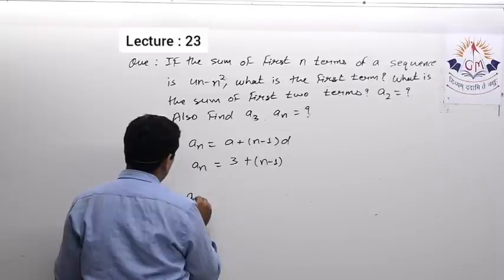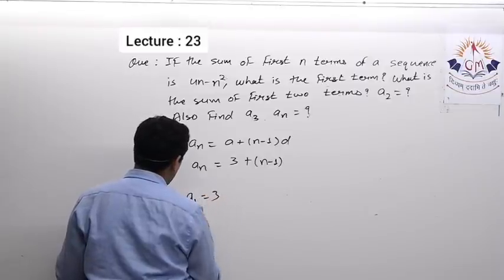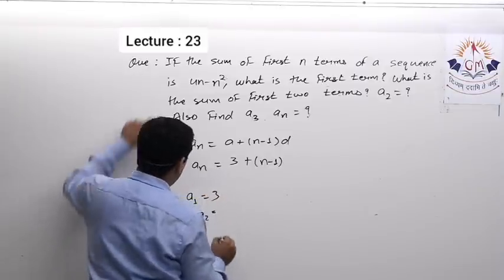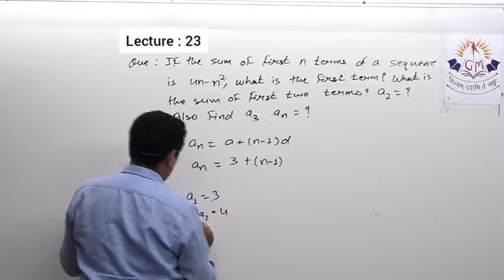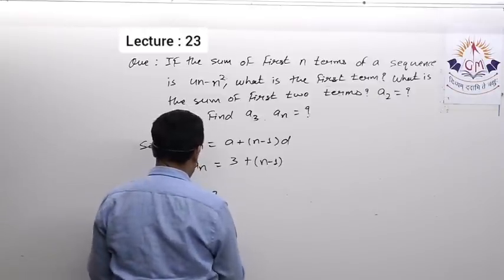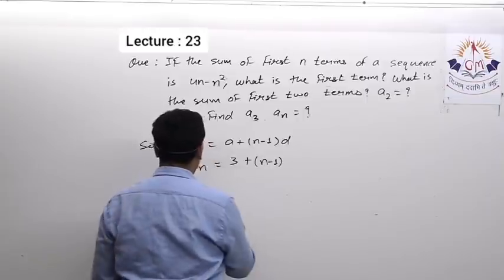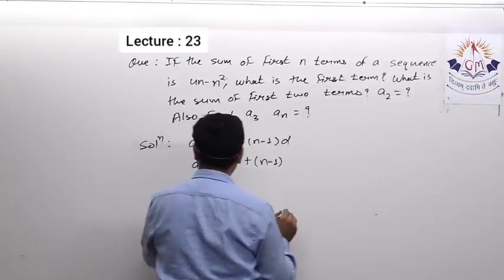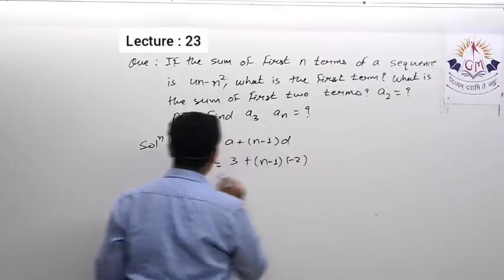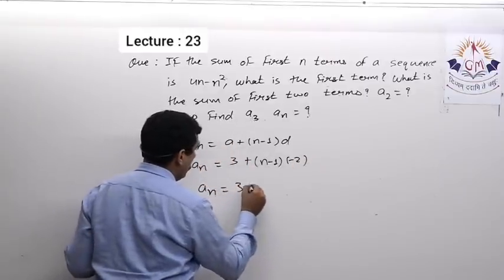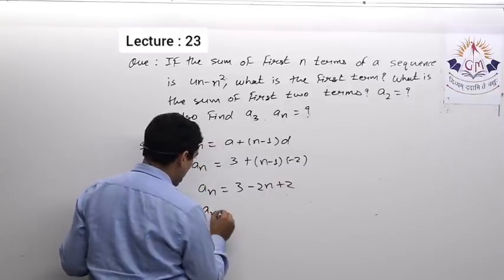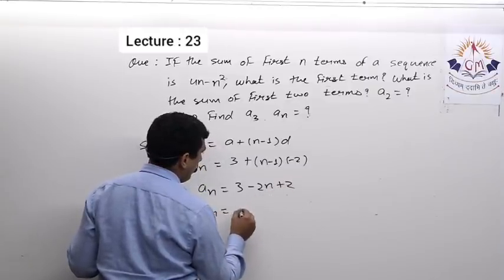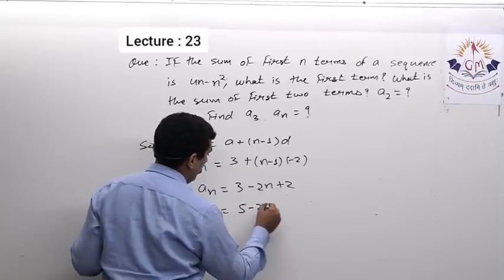See, a1 is 3 and a2 equal to 1, so d was minus 2, so an is equal to 3 minus 2n plus 2, so an is equal to 5 minus 2n.